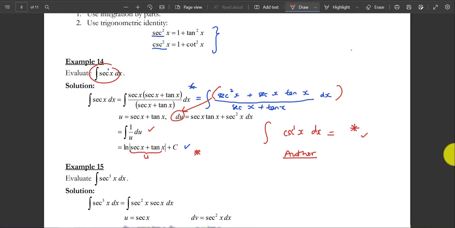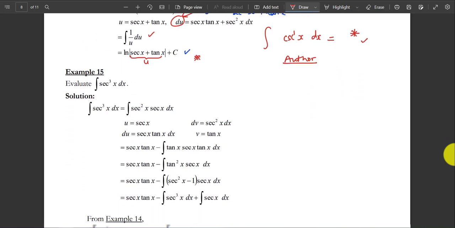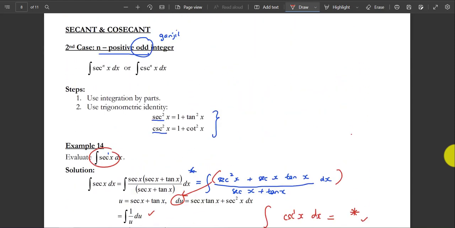Now we are trying to evaluate the integration of secant cube, secant power 3. For secant cube, if you look at the notes there, use integration by parts. Tiba-tiba kat sini kita kena guna integration by parts.